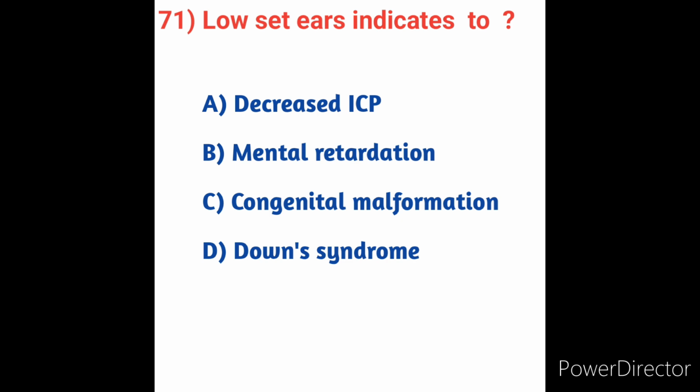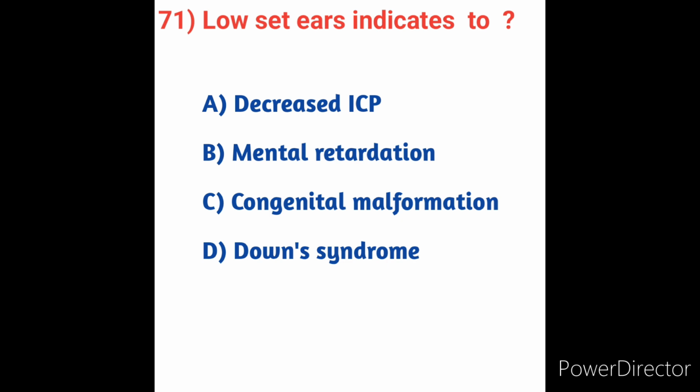Low set ears may occur with a number of genetic syndromes, and children often have developmental delays. Ears are considered low set if the top of the ear is below the outer corners of the eyes, and may occur with other birth defects. Clinically, if the point at which the helix of the outer ear meets the cranium is at or below the line connecting the inner canthus of the eyes, the ears are considered low set.